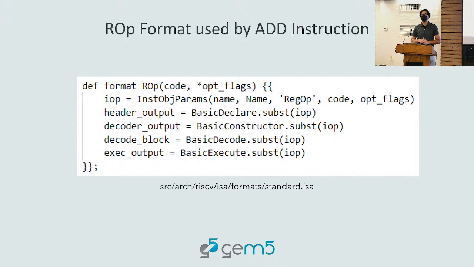You rather use templates. The main idea is basically to reduce the amount of code and try to find overlap between different types of instructions and define them in the same way. So for all R-type instructions in RISC-V, you will use this format.